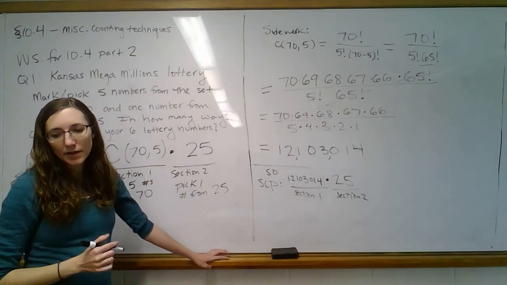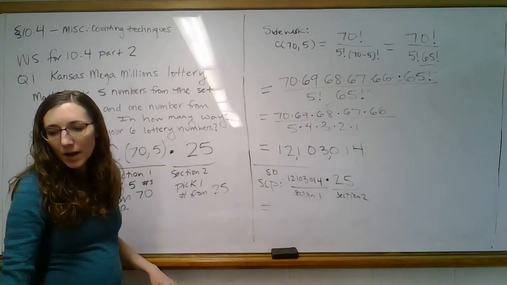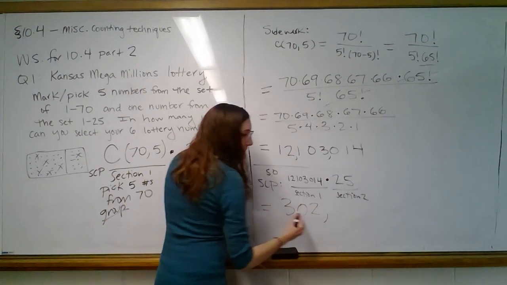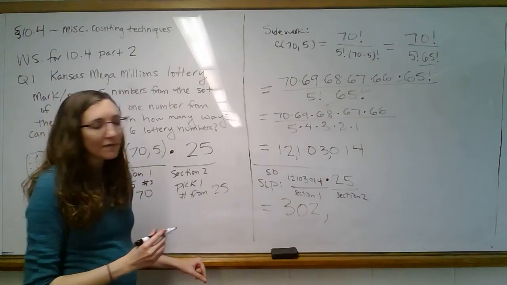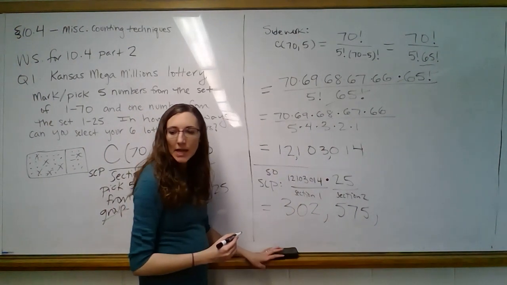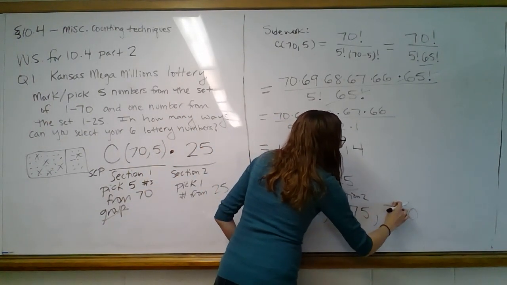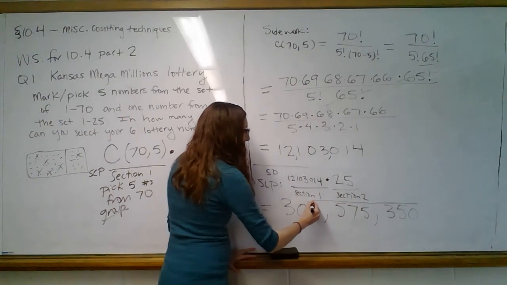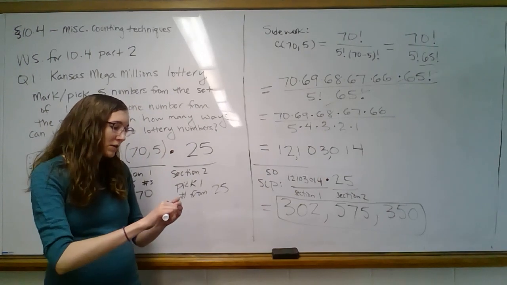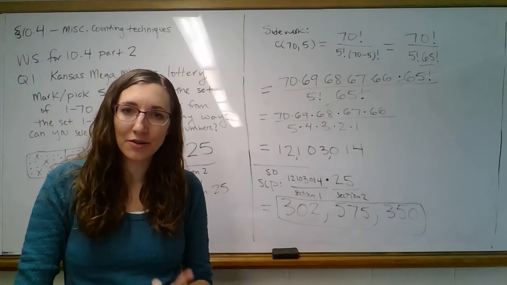So multiply that 12 million number times the 25, and you end up with 302,575,350. Which is a huge, huge, huge number. So about 302.5 million different possible lottery numbers.